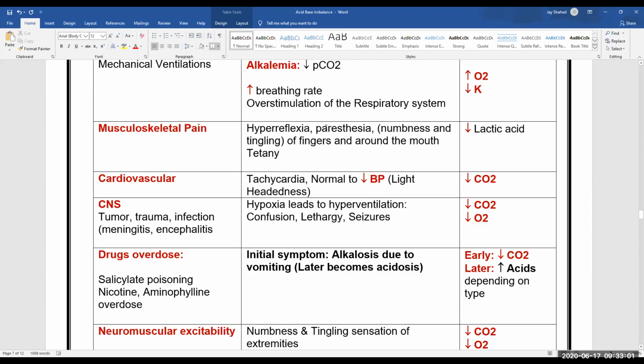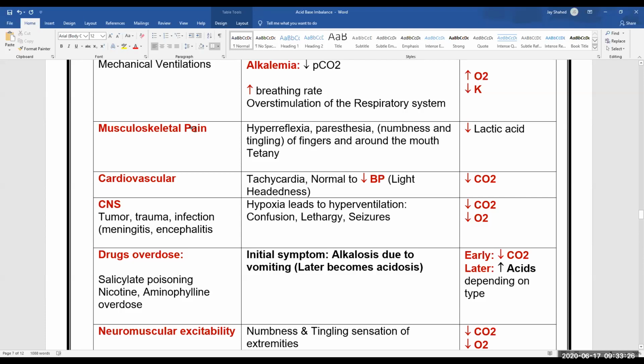If you exercise, you're flexing, hyperflexing your muscles. Do you increase lactic acid or decrease lactic acid when you exercise? You decrease it. So we get rid of lactic acid by exercising and hyperflexia.